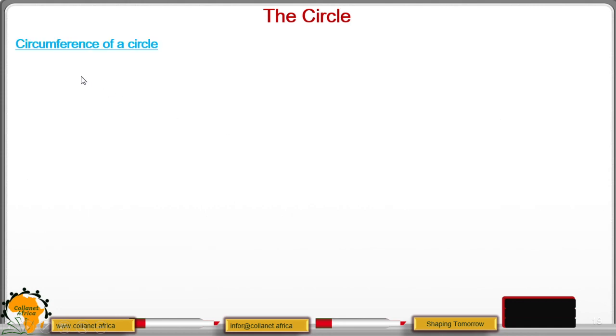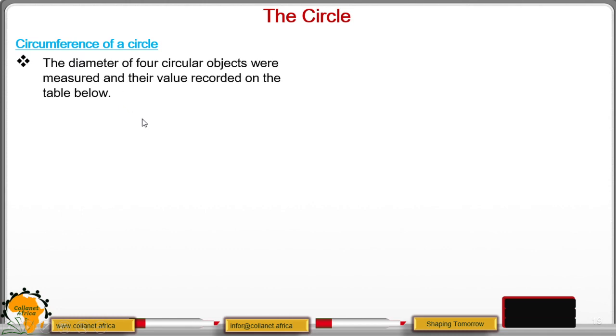Then from there, we move to the circumference of a circle. We have seen that when you go around a circular object, that is what we call the circumference. Now, for us to come up with the formula for the circumference of a circle, we need to do several activities. We are supposed to collect circular objects.